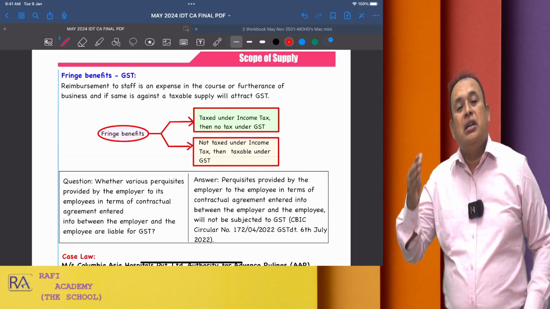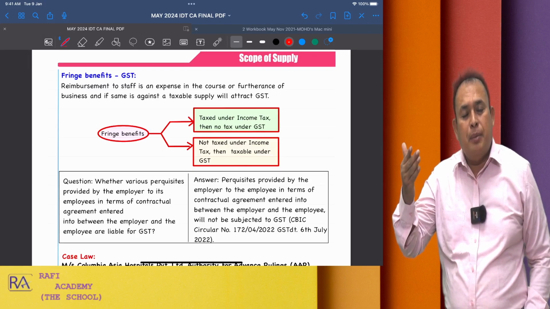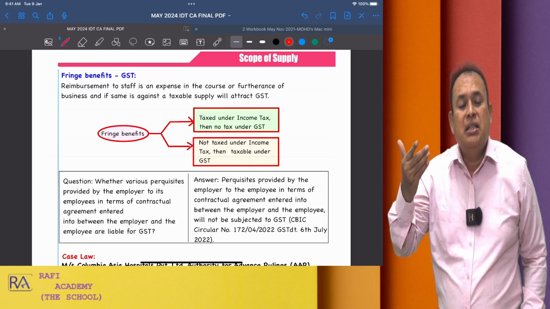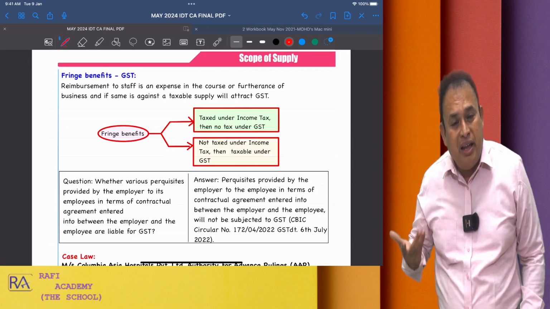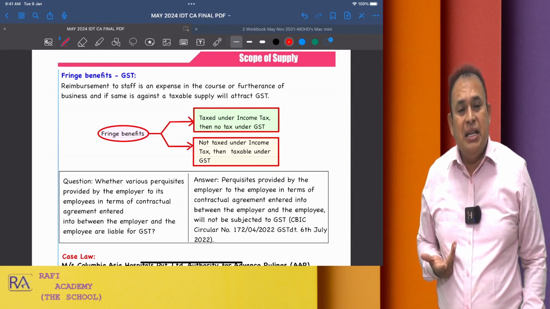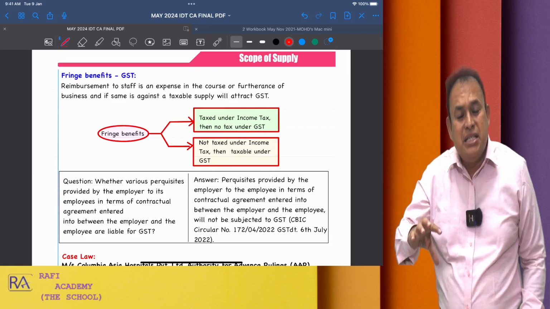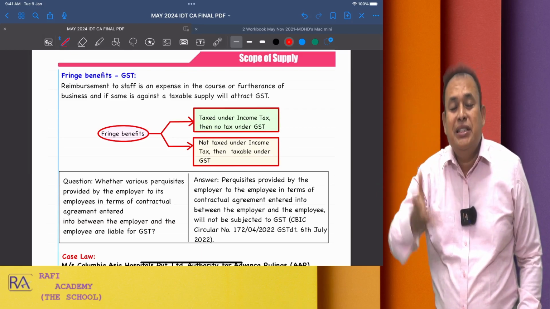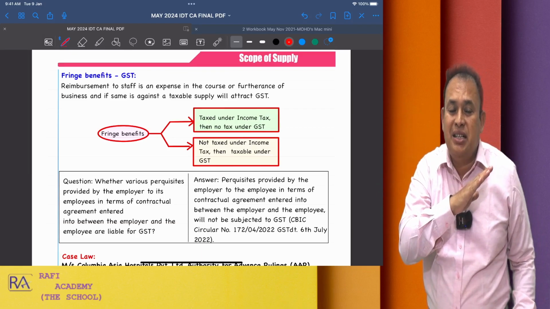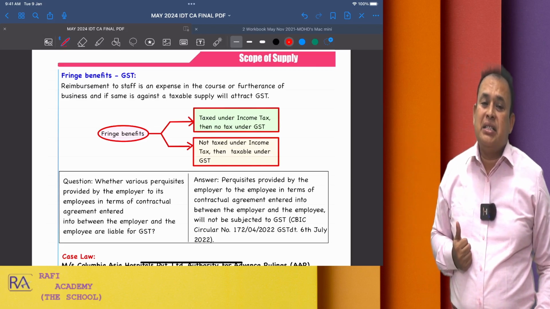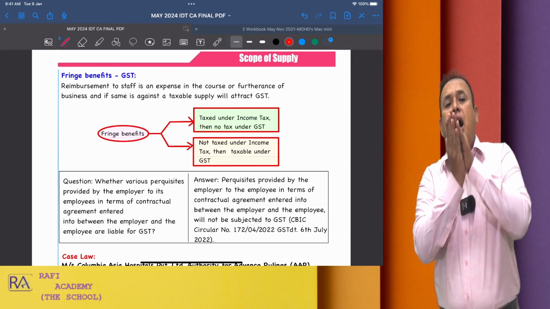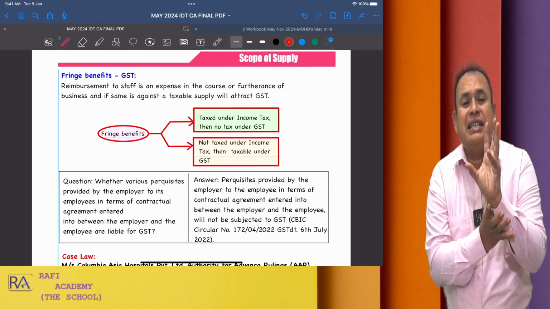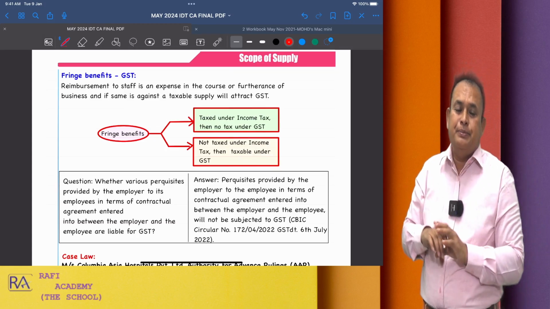Like salary, which is subject to income tax under the head salary, resulting that it applies TDS under section 192. Therefore, no GST under GST law for such type of transaction. Similar to that, fringe benefit, if it is taxed under the Income Tax Act, the same cannot be taxed under GST law.